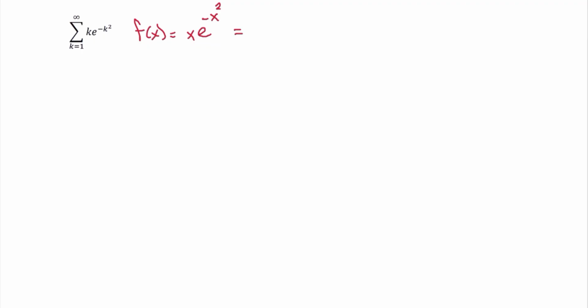And this may be a little easier to see if we write it as x divided by e to the positive x squared. We again want to determine if this is continuous, positive, and decreasing. We know it's continuous. We can see that it's going to be positive.